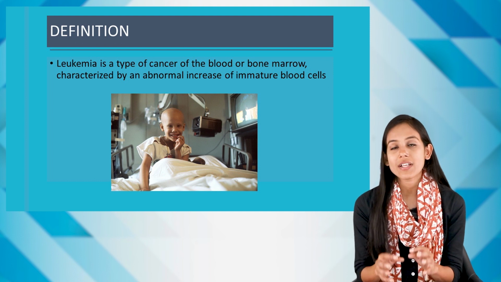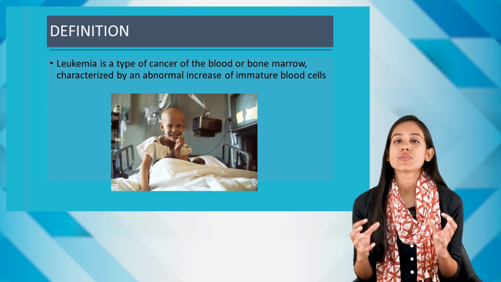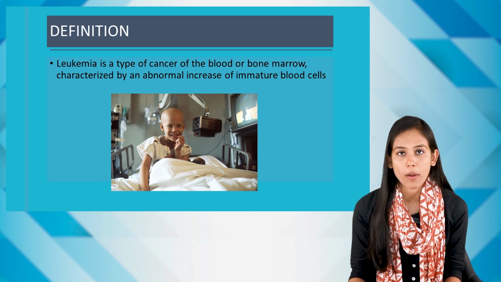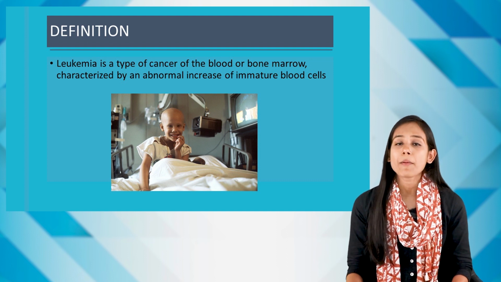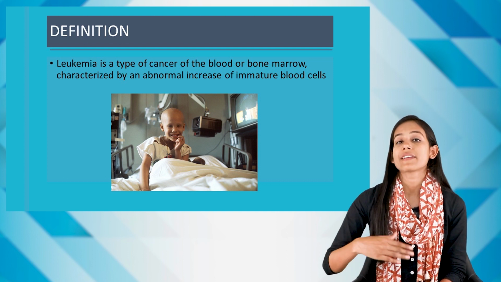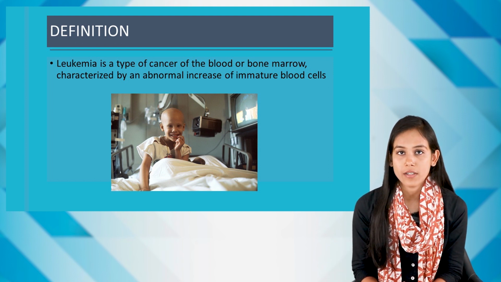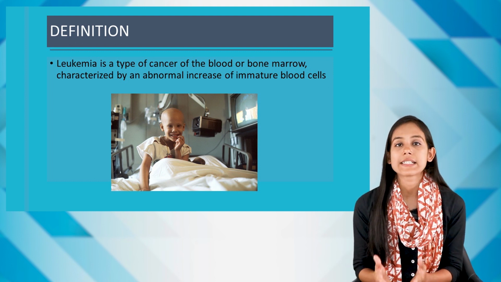Normally, if we look inside the bone, we can see a very small amount of immature blood cells, only 2 to 3% probably. But in leukemia, the number of immature cells is quite higher. It is 3 to 4 times more than the normal one. So basically in leukemia, we can see a lot of immature blood cells inside the bone. So we understood that in leukemia, there is abnormal multiplication of cells happening, right?